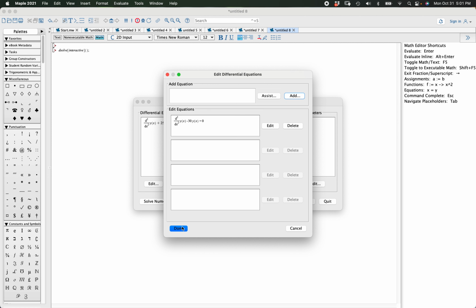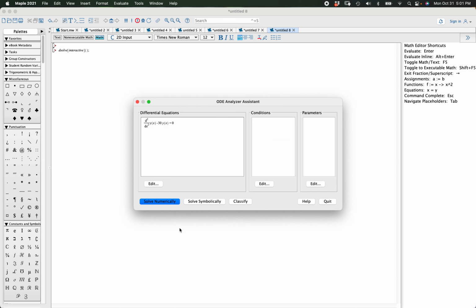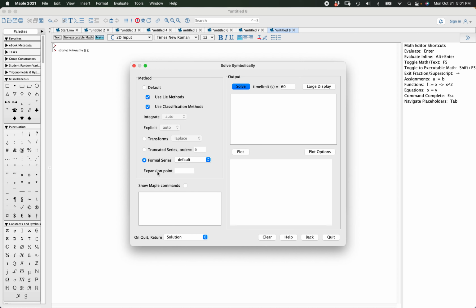Click on Add, and then Done. Solve symbolically, go with formal series, solve, and we have this set of terms appear.